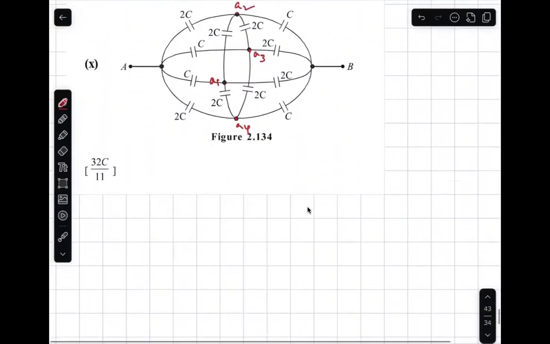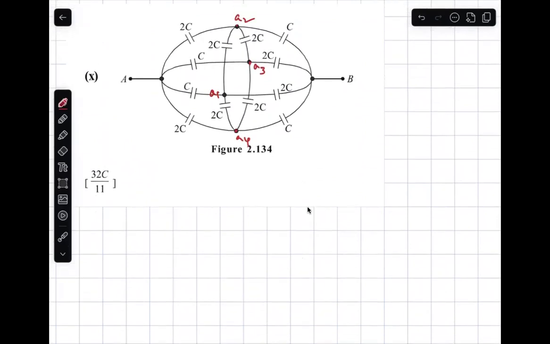Otherwise, no confusion. No doubt. So I am rewriting the circuit properly. Please make sure that you follow my approach. I have sensed that you have a doubt in this.